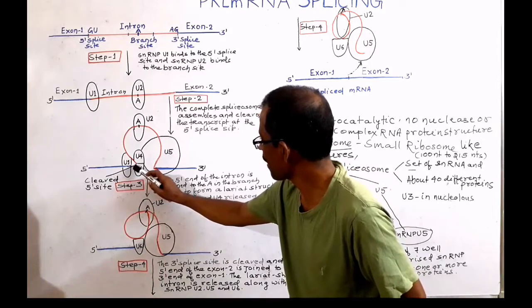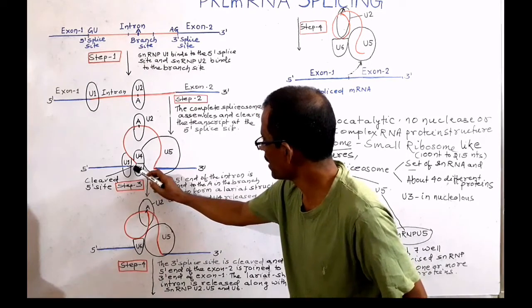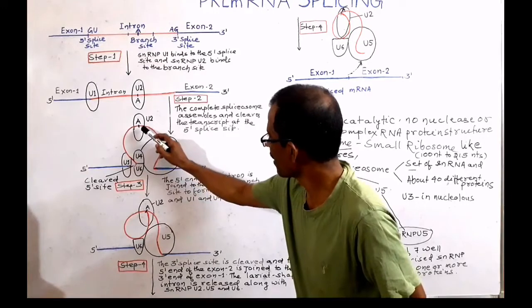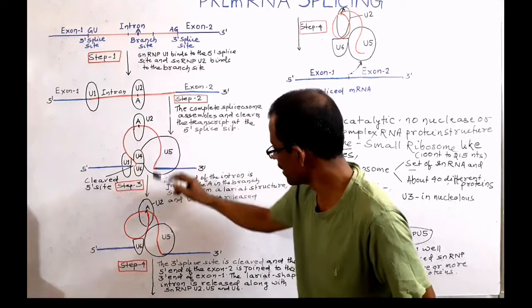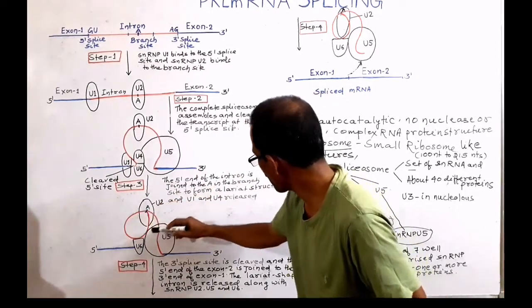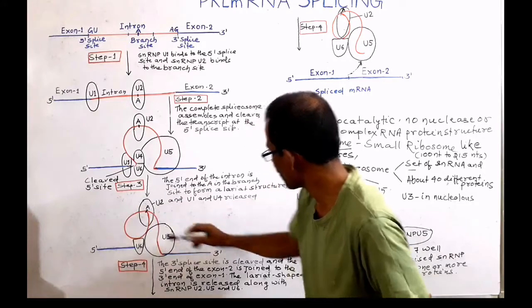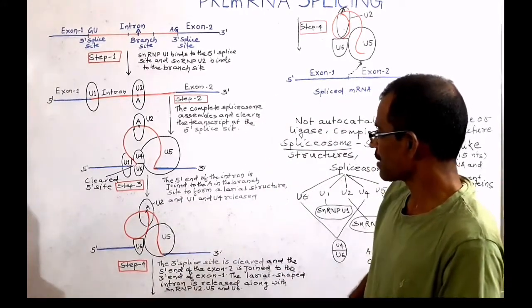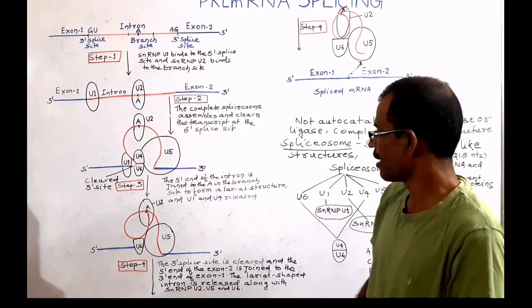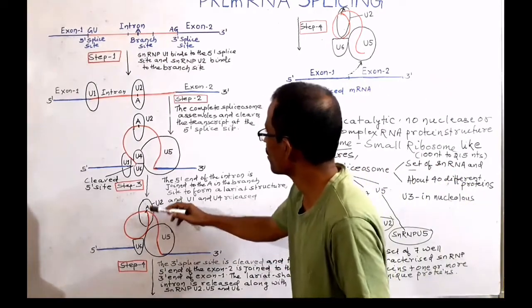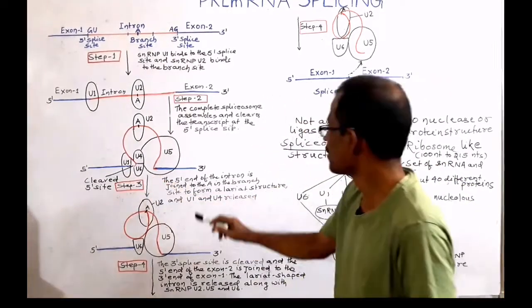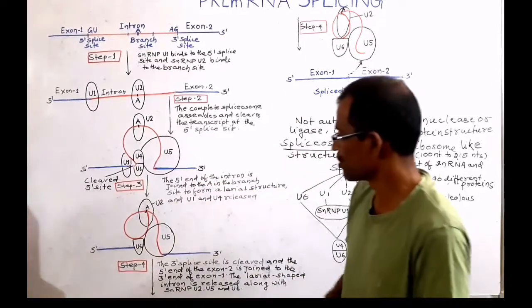So the 5' end of the intron binds with the A residue present in the branch site to form a lariat-like structure. After the formation of the lariat-like structure, U1 and U4 are released.